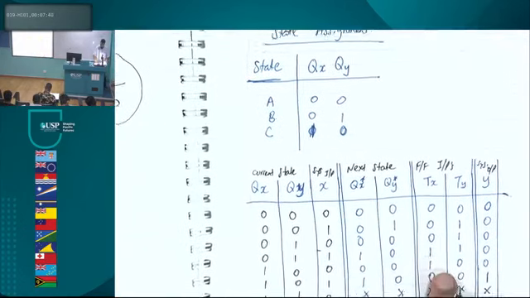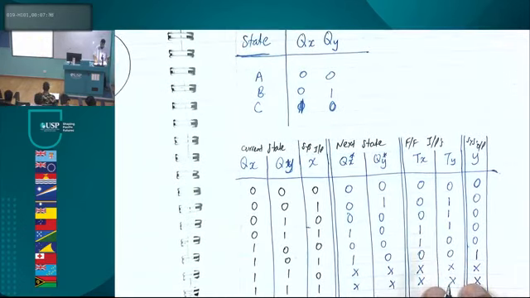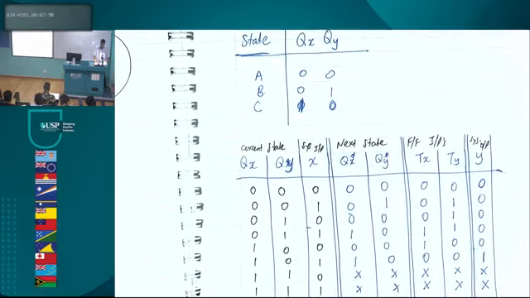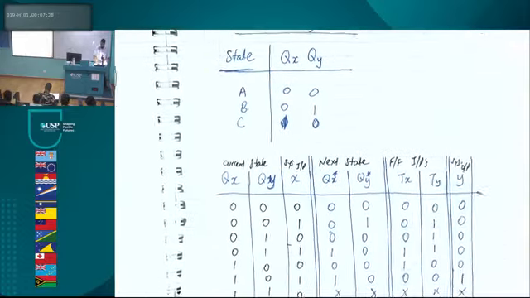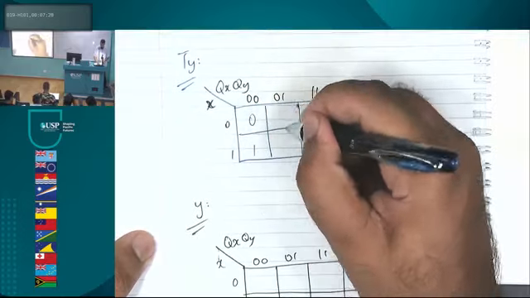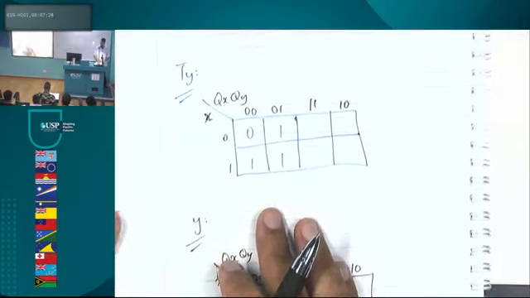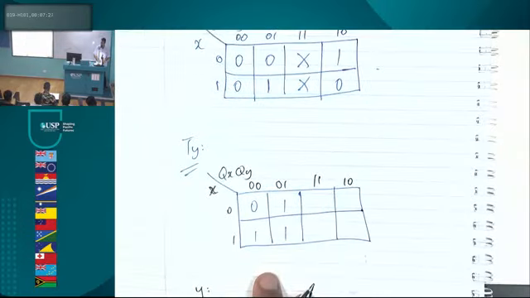Just correct me if I'm wrong. Y 0 triple 1. Just correct me if I'm wrong.